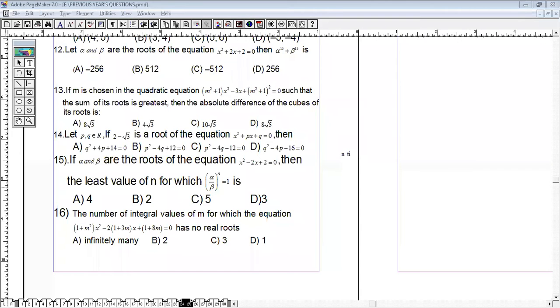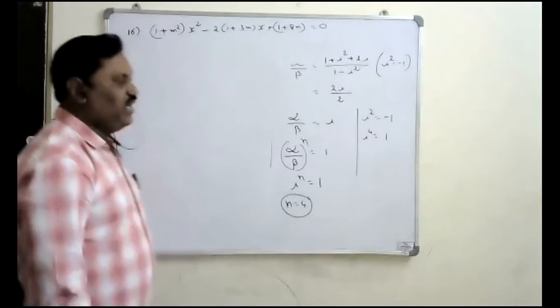Observe that the equation is 1 plus m squared into x squared minus 2 times 1 plus 3m into x plus 1 plus 8m is equal to 0. So this equation is given. They said that this equation has no real root. Then what is the number of integral values of m?